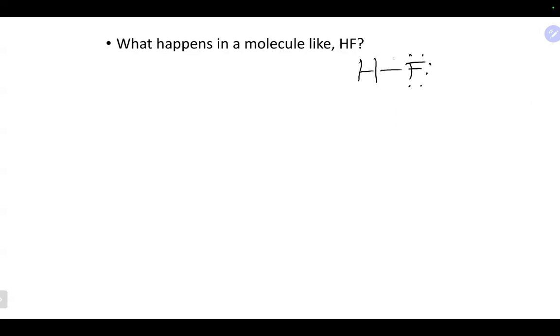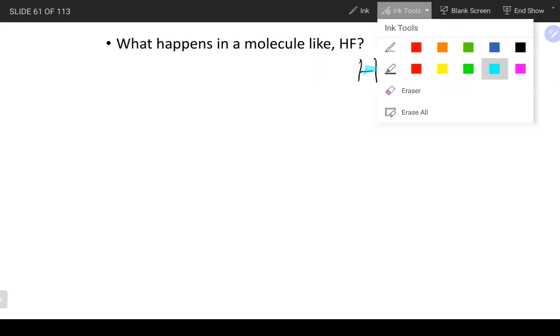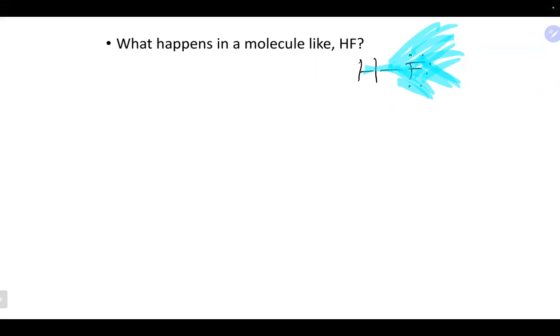And what's going to happen is, if this is all the electrons, we're going to have a majority of the electrons hanging out over there on the fluorine side. Not a lot of electrons still hanging out over there on the hydrogen side. Now, there is a consequence to this. The first consequence is there's definitely unequal sharing of electrons going to occur here. So this is going to result in unequal sharing of electrons.